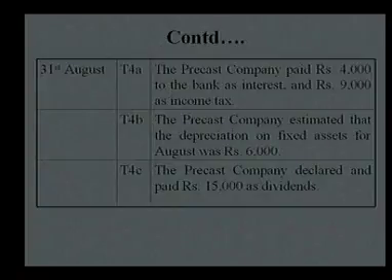And finally, the last transaction on the same day, that is 31st August, the precast company declared and paid rupees 15,000 as dividends. So these are the sets of different transactions entered into by the precast company.